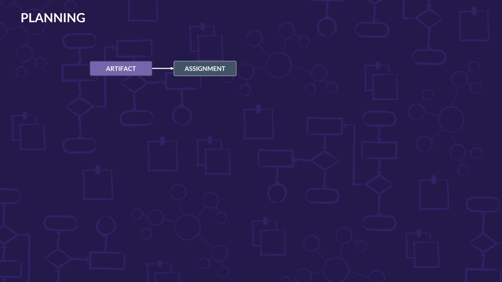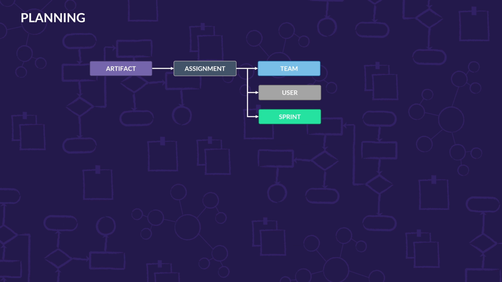So if we look at an artifact, for every artifact type, there are things associated with it. We have planning items related to assignment. For example, I can assign a particular artifact to be worked on by a team. That artifact could be a task, a requirement, whatever. I can say, hey, this team is doing this part of the project, and have it assigned to that team.